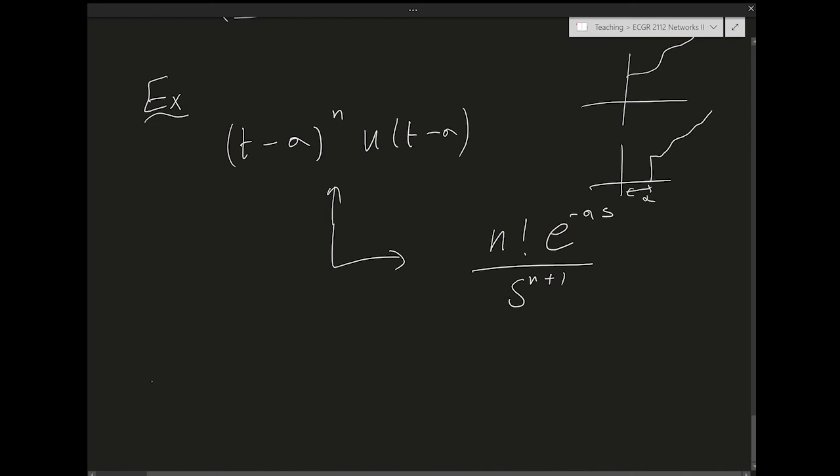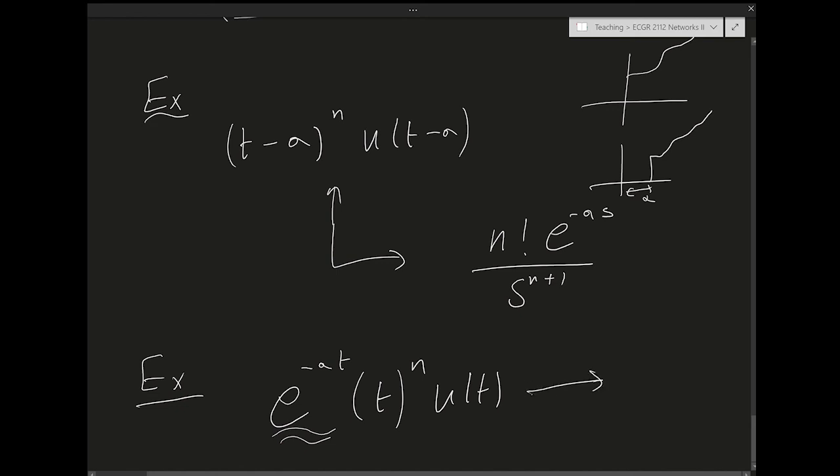What if you had a shift in the s domain? A shift in the s domain will look something like this: e^(-at) t^n u of t. This is equivalent to shifting in the s domain.